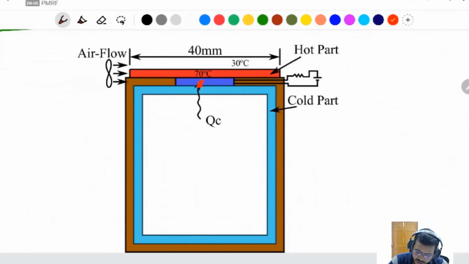Case temperature here is the, this one is the hot part, this is the cold part. The Peltier device is placed here.